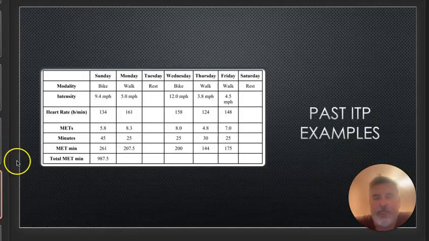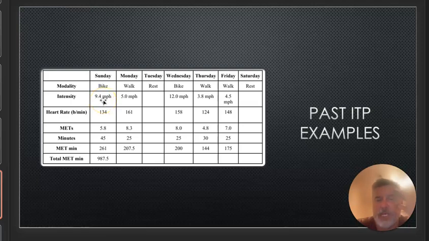Here's an example. This nice clean table actually took a lot of work. So we have the days of the week, Sunday through Saturday, the modality. So this student's going to bike, walk, and then there's a rest day. They're going to bike, walk again, and then rest. The intensity for the bike is 9.4 miles an hour.